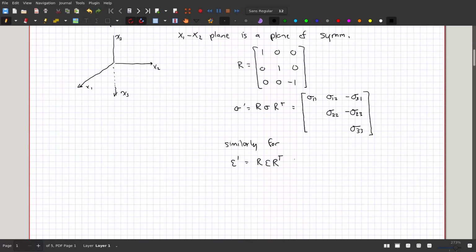And if we did that, I'm not going to write the whole thing out, but we'll get that epsilon 3,1 prime is equal to minus epsilon 3,1, and epsilon 2,3 prime is equal to minus epsilon 2,3.